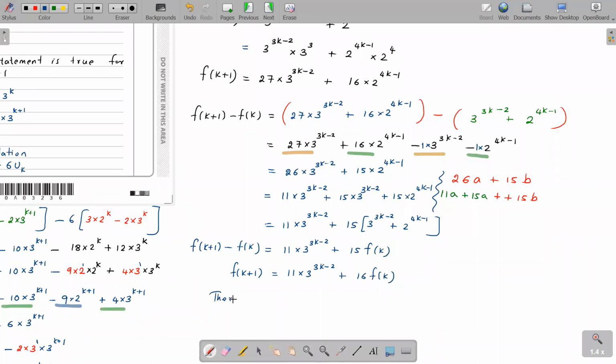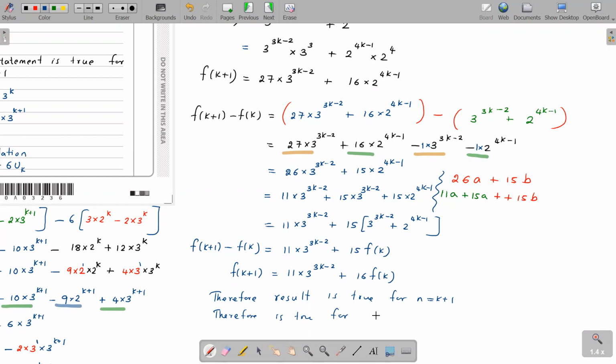Therefore, the result is true, or you can say it is divisible by 11. The result is true for n equals k plus 1. The result, in the sense, I mean the divisibility by 11.